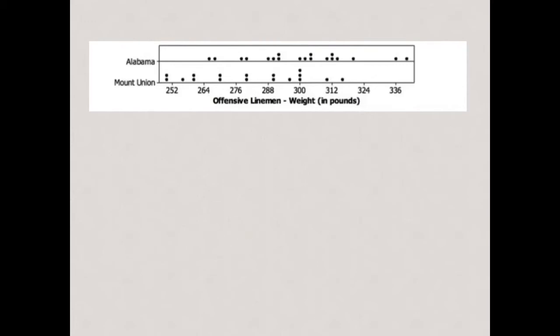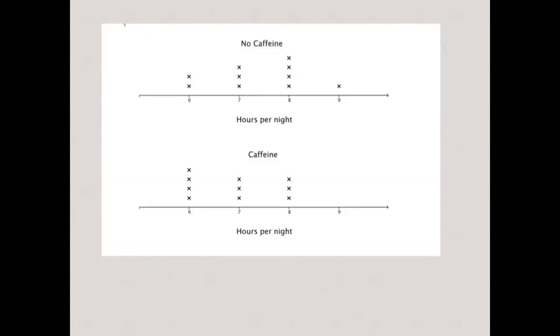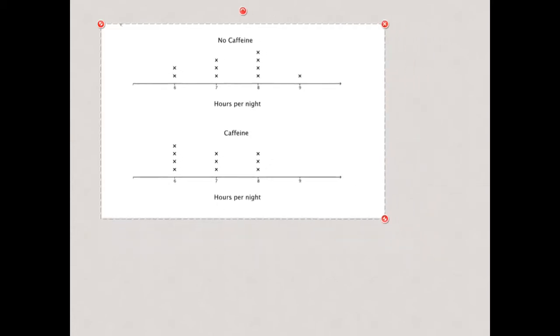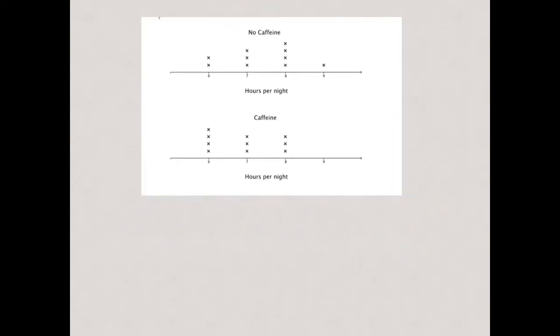Now, I can look at, say, this problem. This is how many hours per night a person sleeps, and this is recorded if they have caffeine or no caffeine. Now, one of the first things I can do is, let me go ahead and organize my information. So let me make this a little smaller. So for no caffeine, I'll put NC for no caffeine.